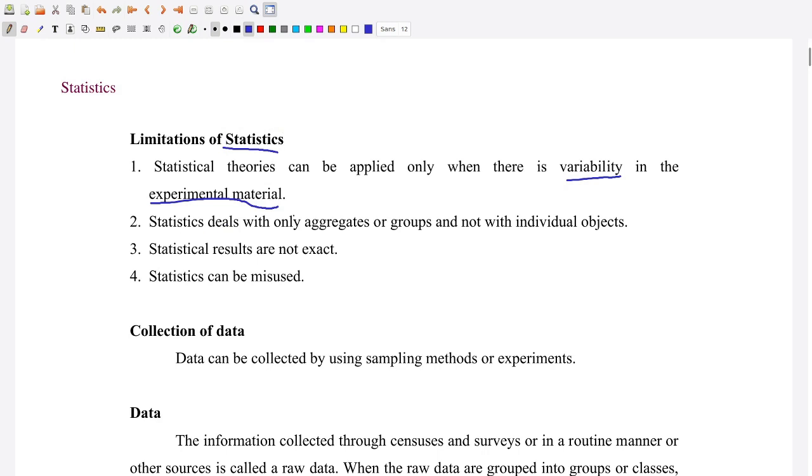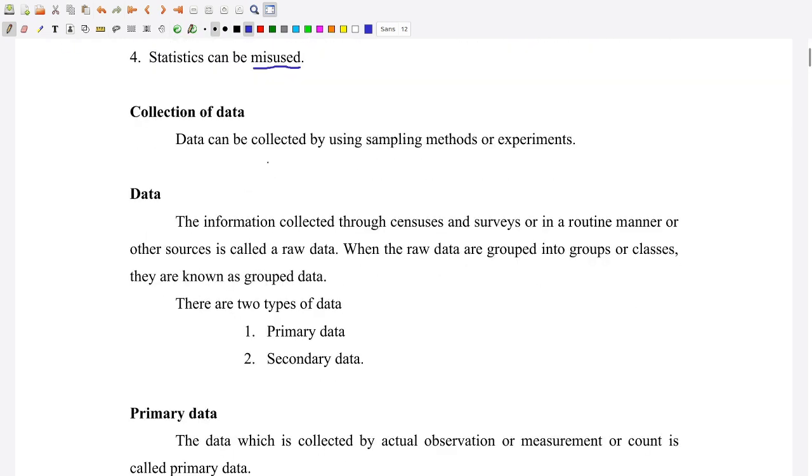And it only deals with groups or aggregates, not with individual objects. So that means the data is not exact every time, and the results could also be misused. For example, whatever results you are getting may mislead you and result in incorrect information.